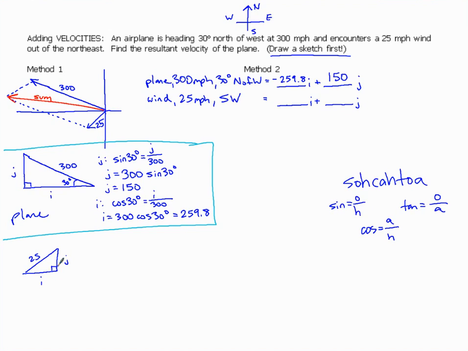Since the southwest or out of the northeast didn't specify exactly what the angle was, in this situation we can assume that it's going to be 45 degrees exactly. 45 and then 45. There we go.